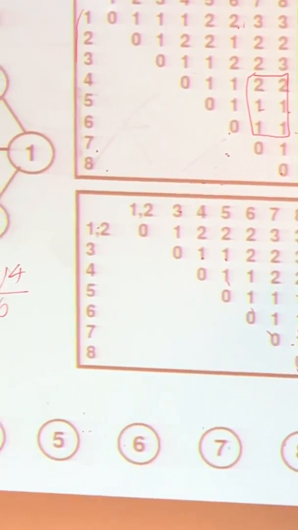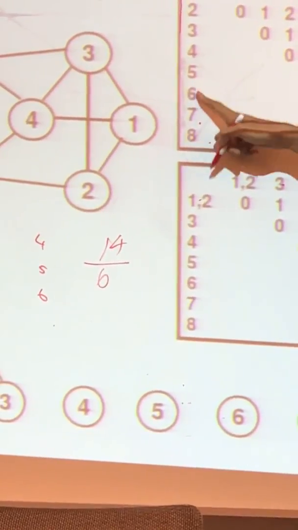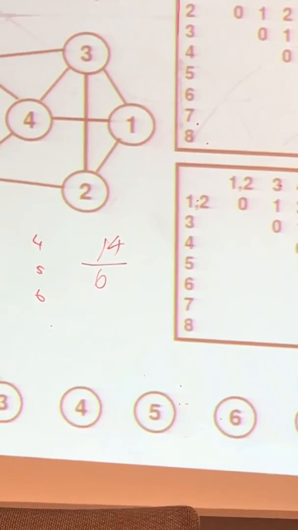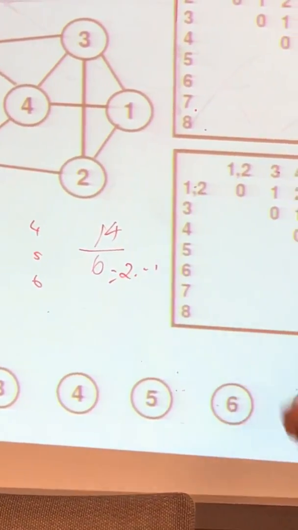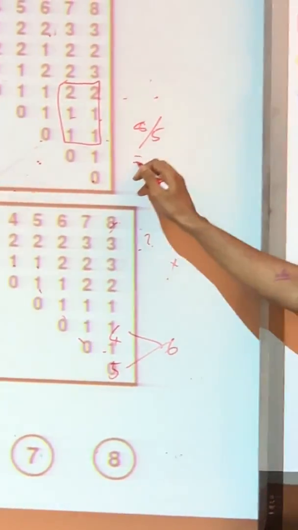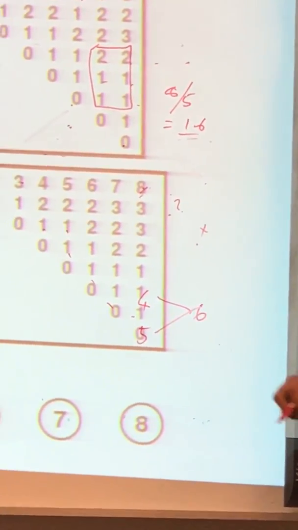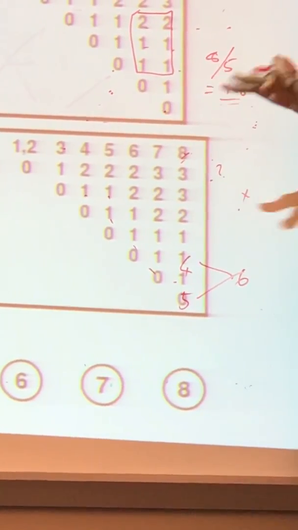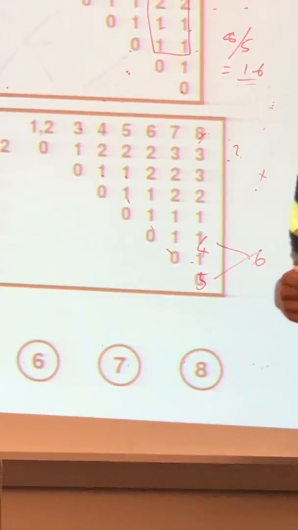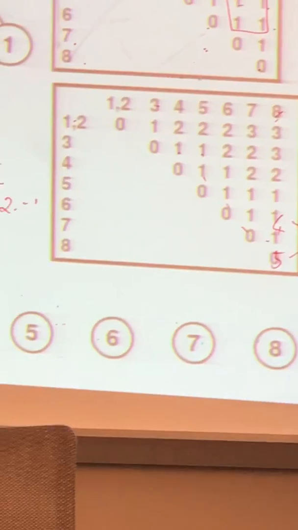So 8 divided by again how many vertices? 4, 5, 6, 7, 8. 5 vertices. Okay? So 14 divided by 6 is going to be some 2 point something. 8 divided by 5 is going to be 1.6. So which is smaller? This one. So we'll combine 4, 5, 6 with 7, 8. Okay, so that's the way to combine.